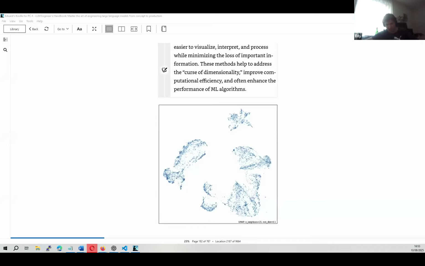Because we can say with a high level of confidence that only a subsection of these dimensions basically depicts an object or a word.